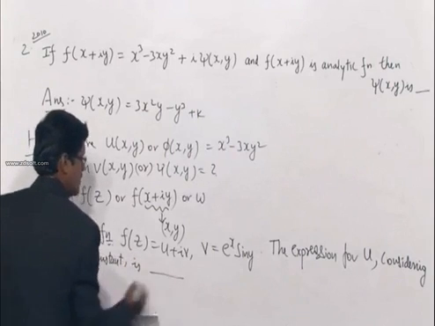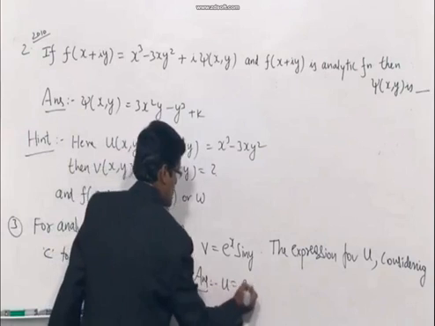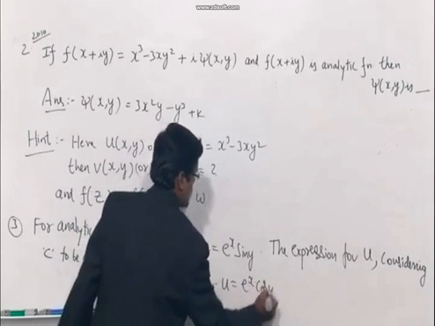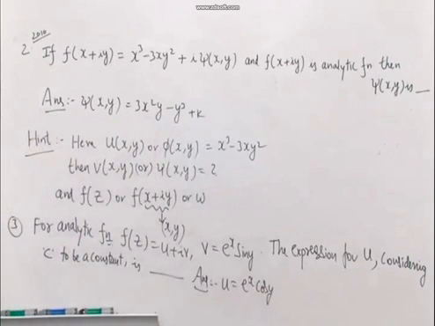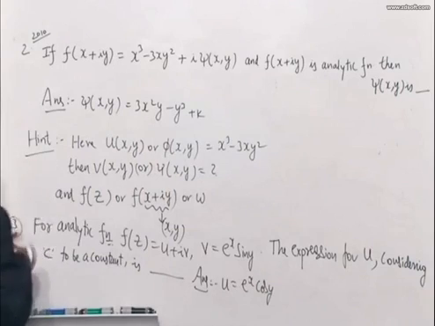Answer: u is equal to e power x cos y. These two problems are based on method 1.